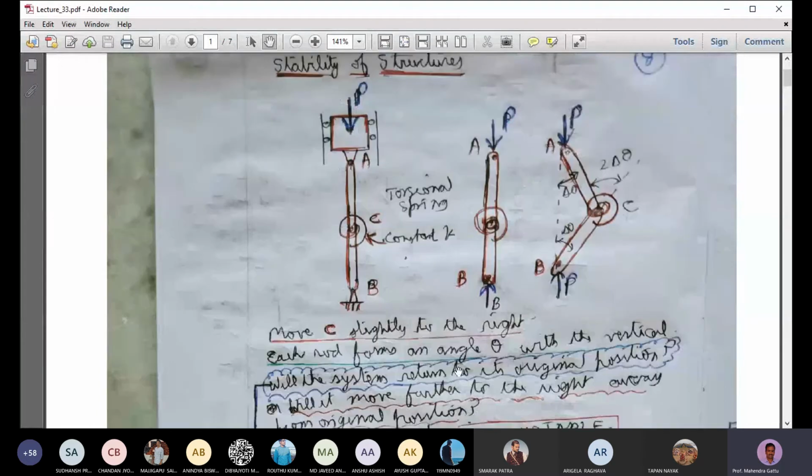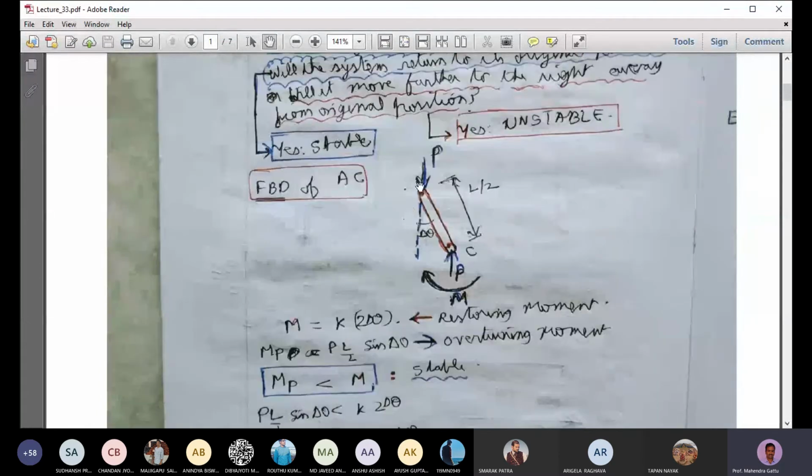So we draw the free body diagram for this portion AC. The point C has moved to the right here, and we have that load acting in the downward direction. At point C, there will be an equal and opposite force P acting in the upward direction, and there will be some restoring moment coming from the torsional spring.